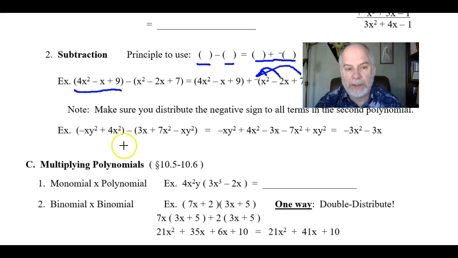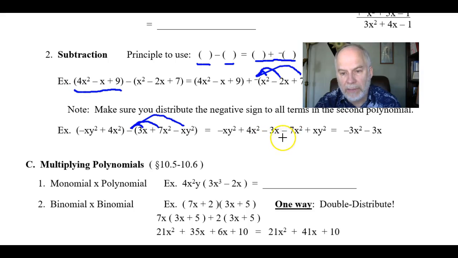All right, so in the next example, you distribute the minus sign, like I said before, and so we're treating it like a negative 1 that's getting multiplied by every term in the second parentheses. And so that gives you these terms.